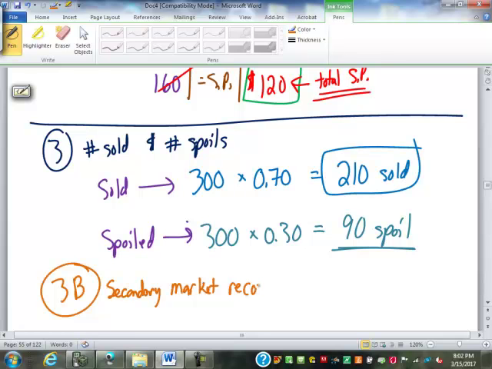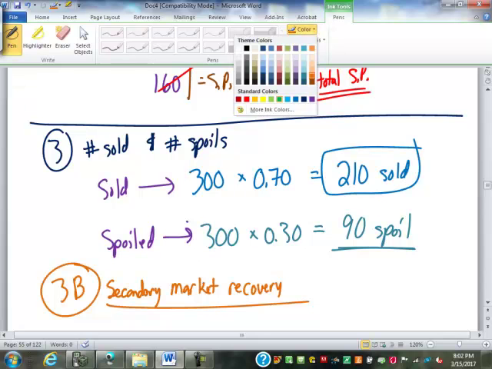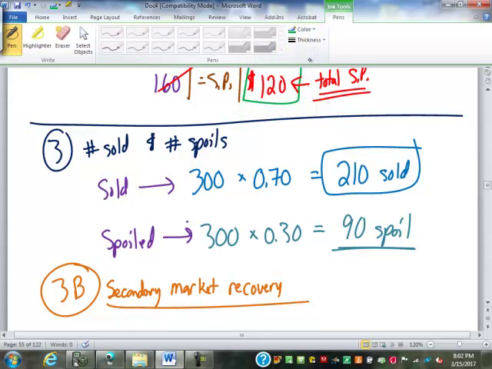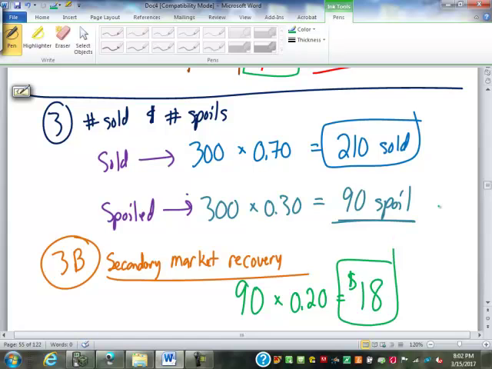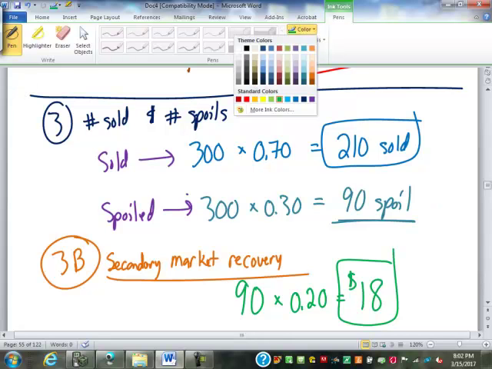I'm going to call this just secondary market recovery. This is part of your cost recovered on the secondary market. Each of those 90 that spoiled are sold at 20 cents each. So that means you recovered $18. Does that make sense so far?